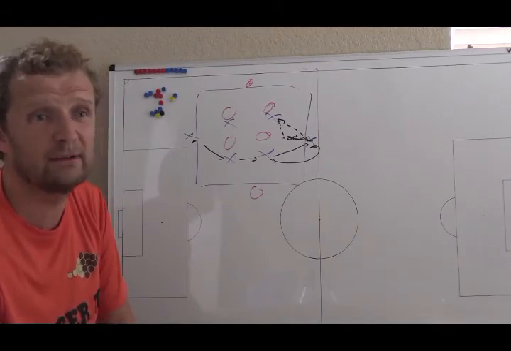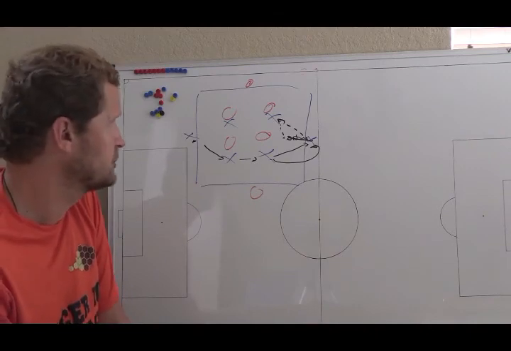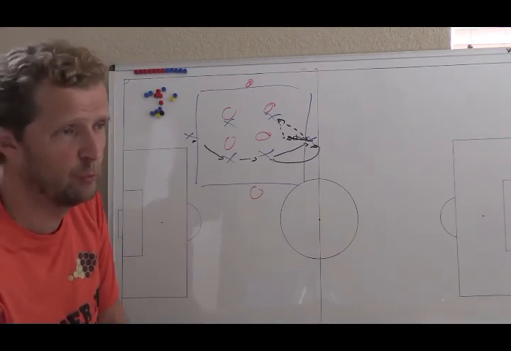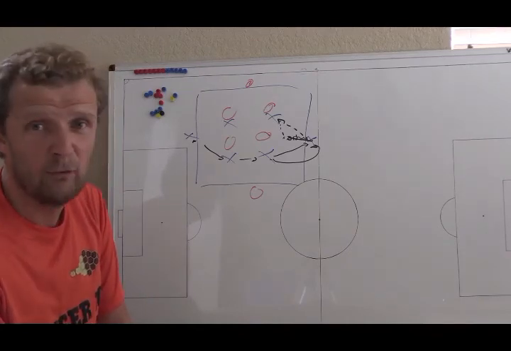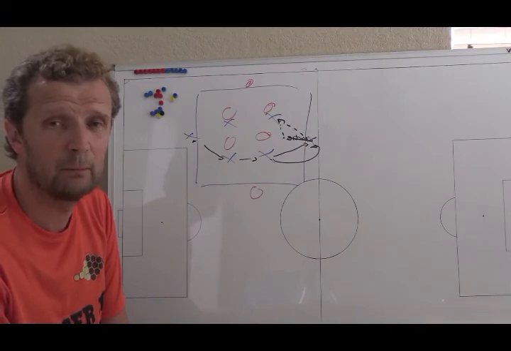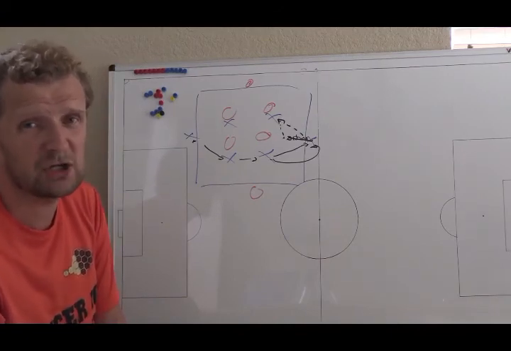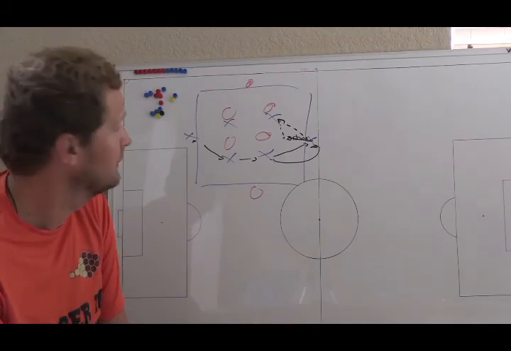In the 5v2 activity, if monkeys win the ball, they just play the ball back to the coach, and the coach plays a new ball to the 5 players. Okay, so again, very quick pace, high pace practice, a lot of touches, the speed of play needs to be really quick.